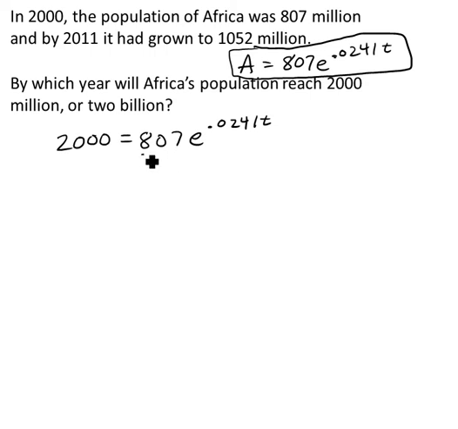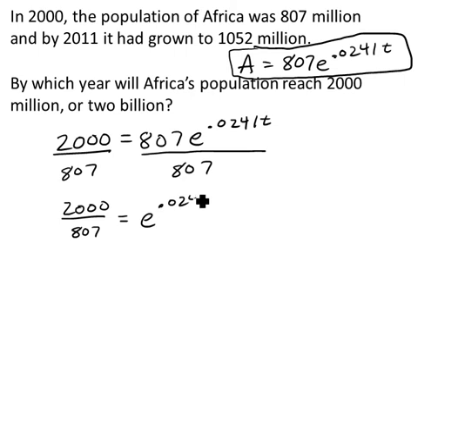So to solve for t, we're going to divide by 807, which is not going to go in evenly. I'll just leave it as that fraction for now. And then at this point, to get that t out of the exponent, we're going to rewrite this equation in its equivalent logarithmic form. That will use a logarithm with base e, which is called a natural logarithm.